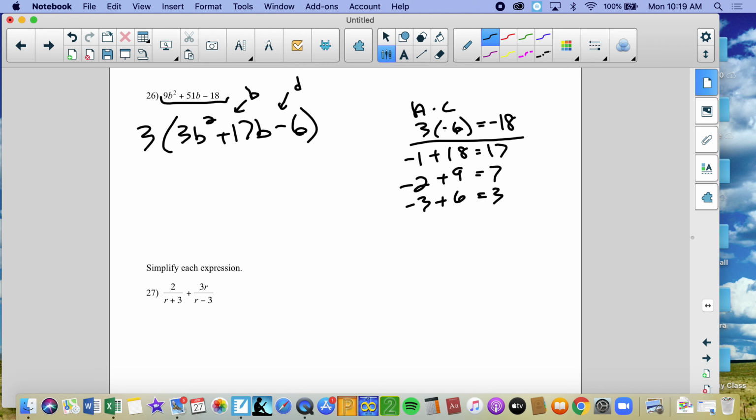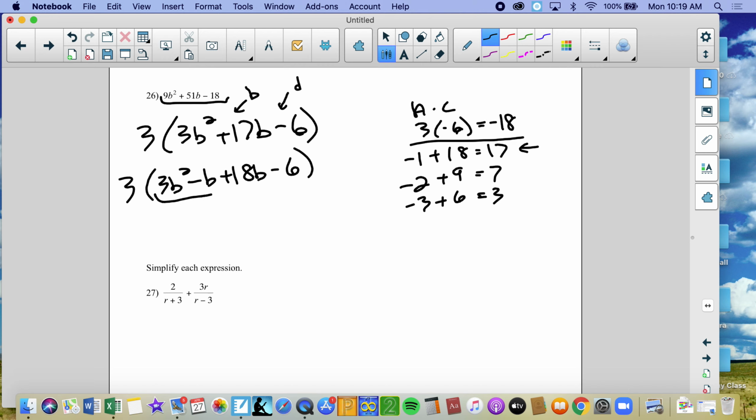Which one's equal to my middle? That one is. So we have 3 times the quantity 3b squared minus b plus 18b minus 6. Remember, this has to simplify back to positive 17.